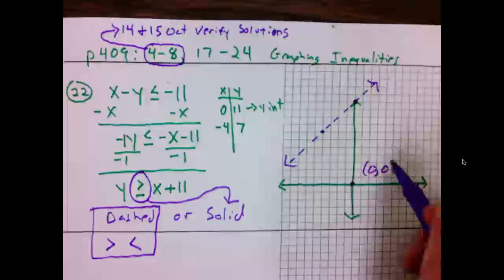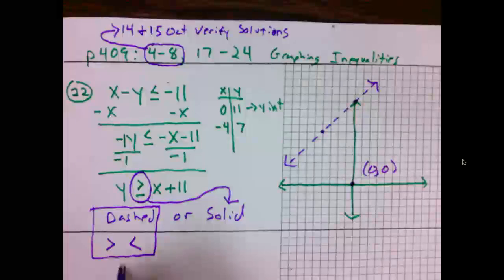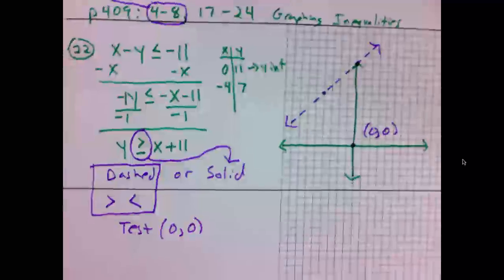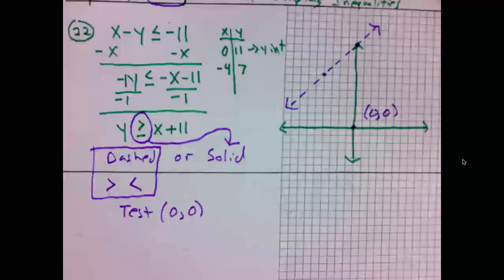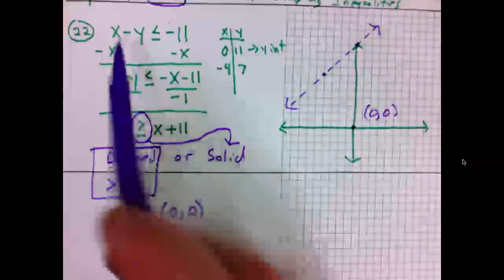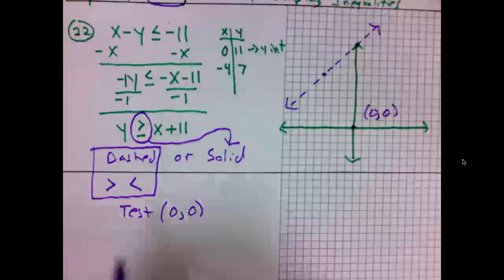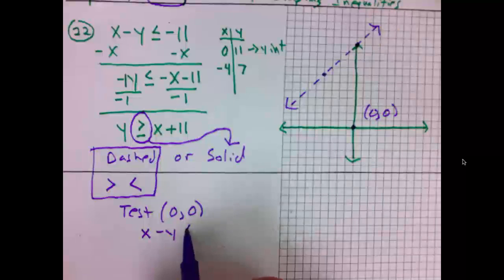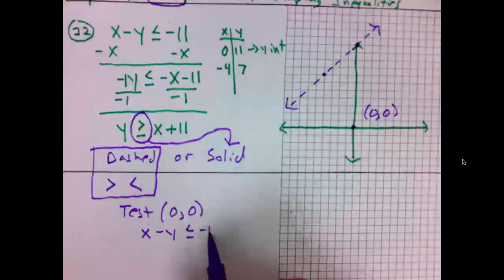So now I'm going to test 0, 0 in my initial statement. My initial statement says x minus y is less than or equal to negative 11.